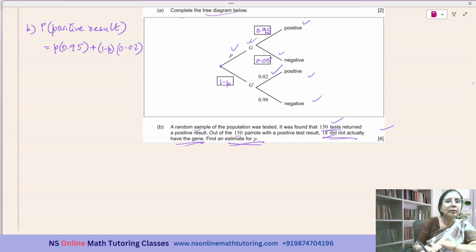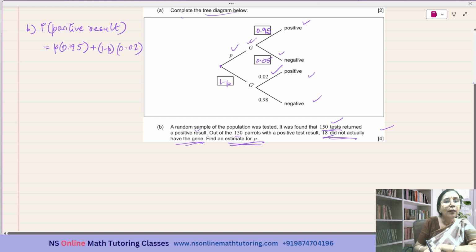Therefore, the probability of a false positive, given that the parrots are tested positive. So this is the conditional probability.